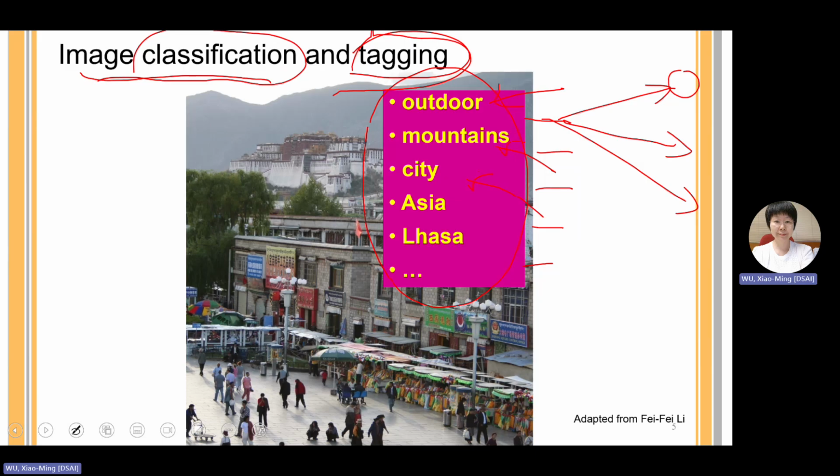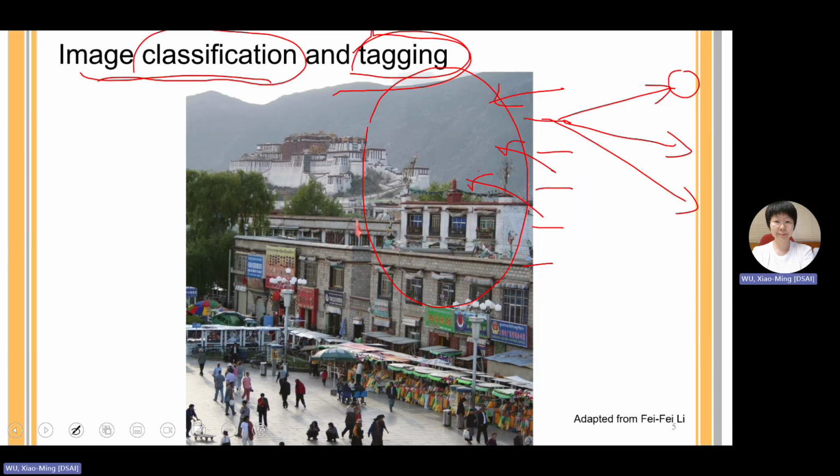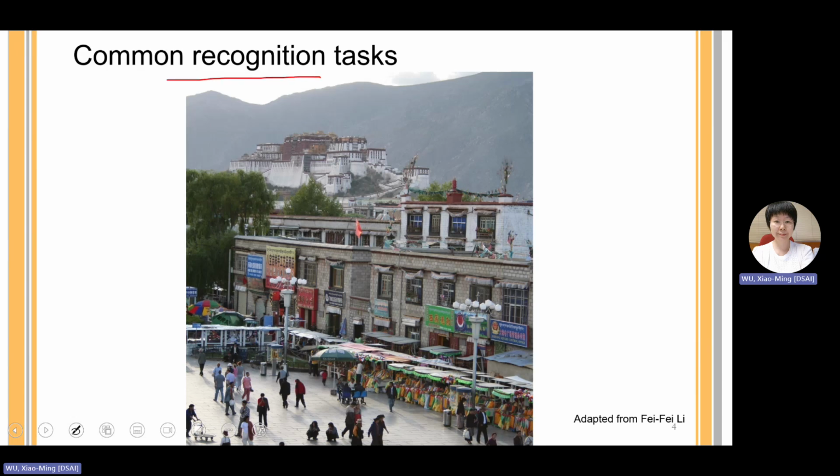Now back to our question. Does image recognition refer to classification only? The answer is no, because image recognition is a much broader term. Can you name a few tasks other than image classification?